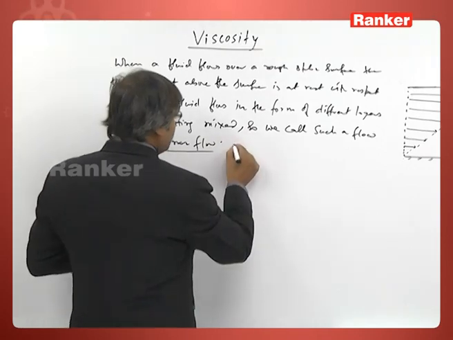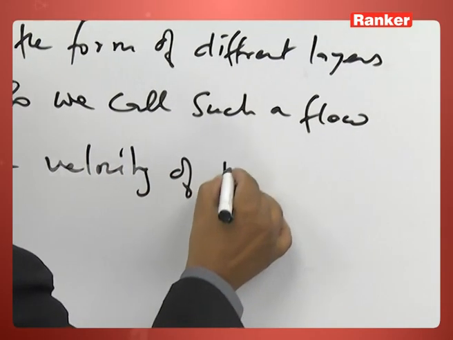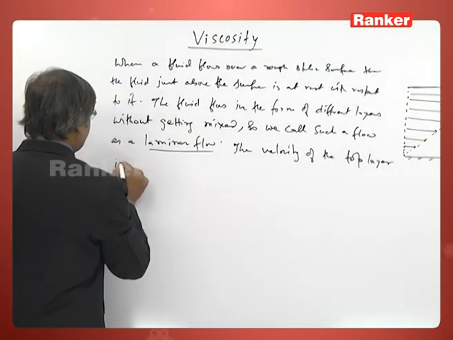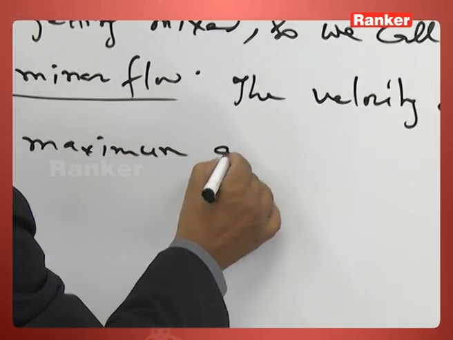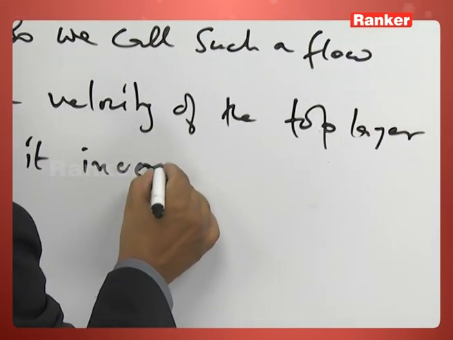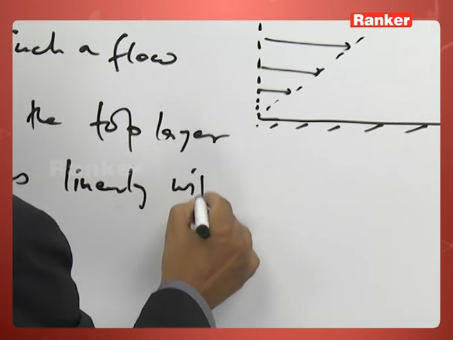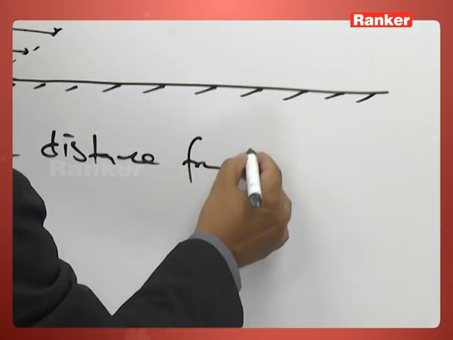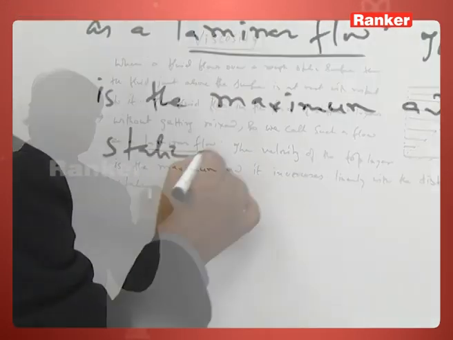Now, the velocity of the top layer is the maximum, and it increases linearly with the distance from the static surface.